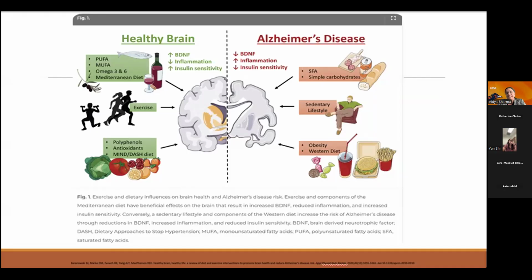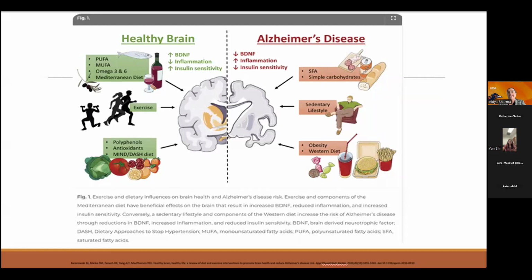And then the classic Mediterranean diet, which is rich in fish, nuts, olives, and whole grains. That's always been one of the healthier diets. So why do these things matter?